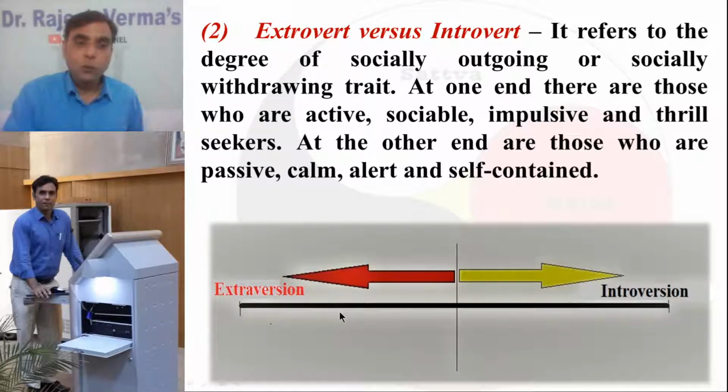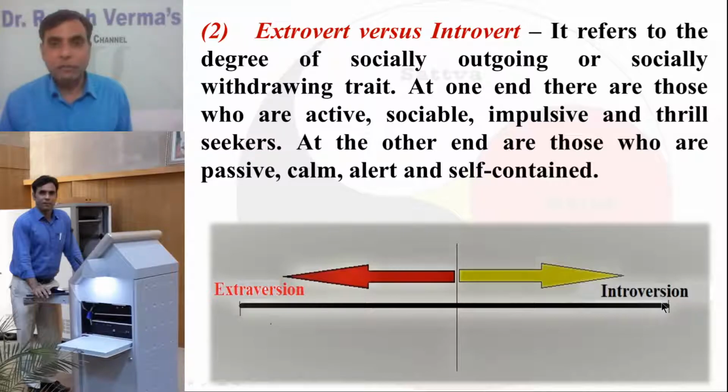The people on this end are extroverts, and they are relatively more outgoing. At this end, people are introverts and they are socially withdrawing. Those who are active, sociable, impulsive, thrill seeking, risk taking, and so on are termed extroverts.